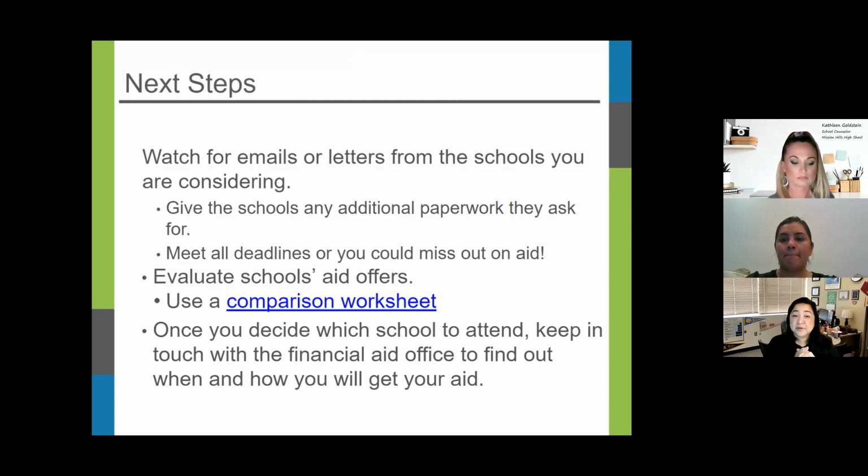If you submit your FAFSA, your DREAM Act October 1st, and then you apply to Cal State San Marcos in November, it's going to take some time for Cal State San Marcos, for example, to match up with your financial aid information and get back to you. So just know that it might take some time, but that it is okay to submit your FAFSA or your DREAM Act before you finish your college application. You can always, like I said, add more schools later on if you end up applying to more schools than you had thought.